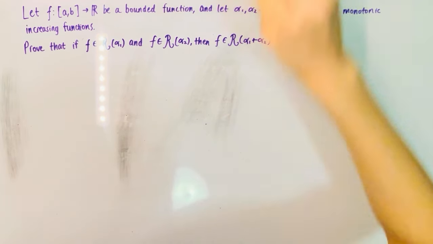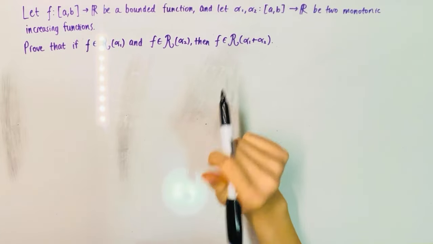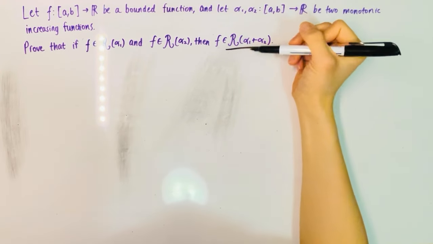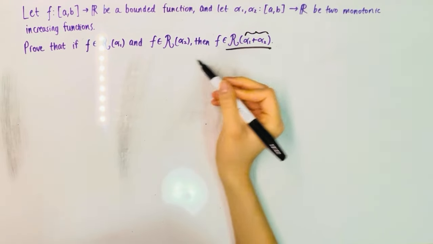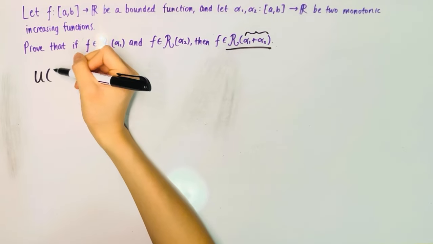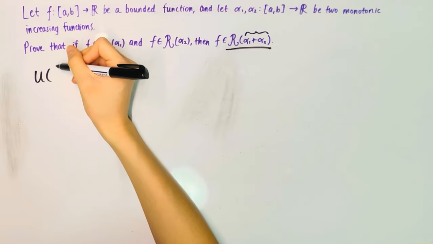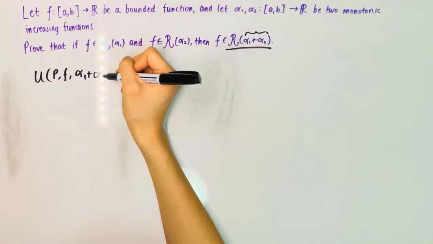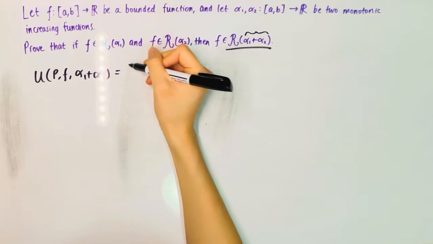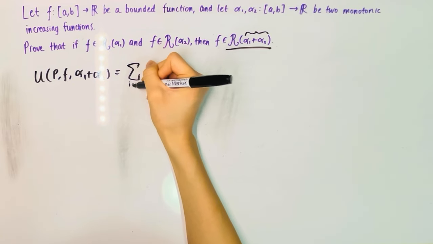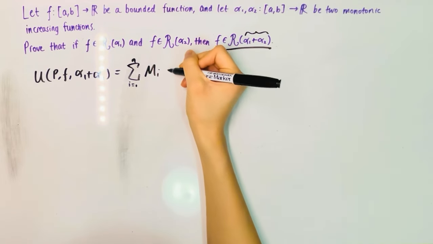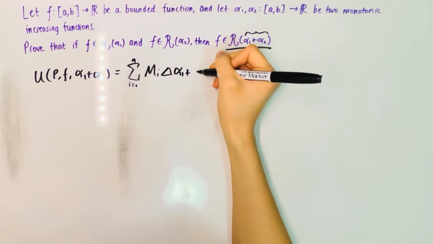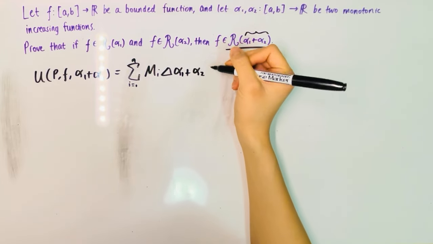First, we're just going to write out what exactly the upper and lower sums of f with respect to this are. So the upper sum of P, f, alpha 1 plus alpha 2 is just going to be equal to the sum from i equals 1 to n of Mi delta (alpha 1 plus alpha 2).